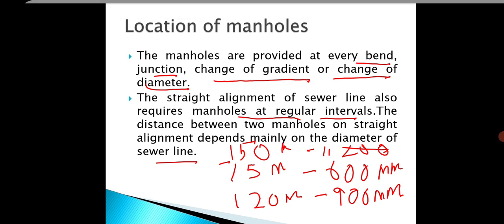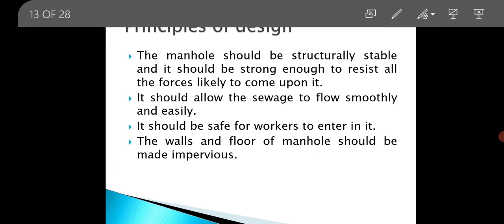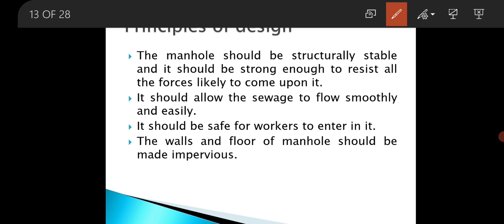Next is the principle of design. Manhole should be structurally stable and strong enough so as to resist all the forces that are coming upon it. Second one is it should allow the sewage to flow smoothly and easily.